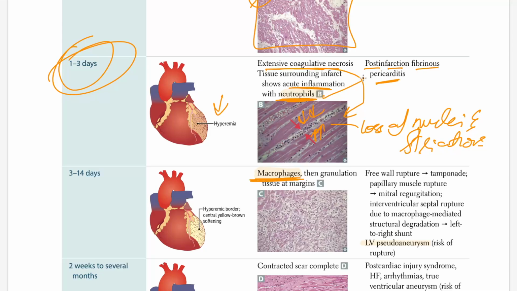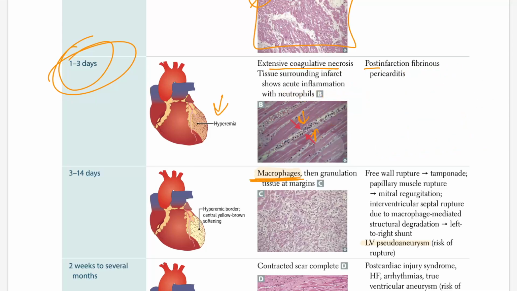And these neutrophils cause fibrinous pericarditis, which is basically chest pain with friction rub.